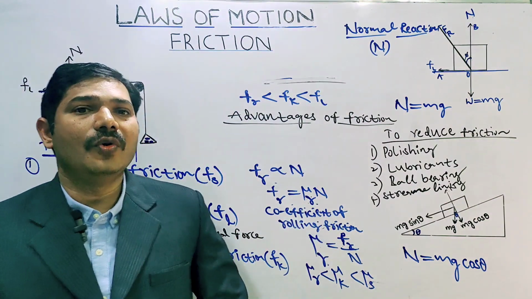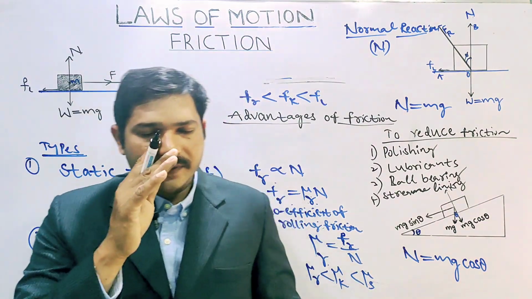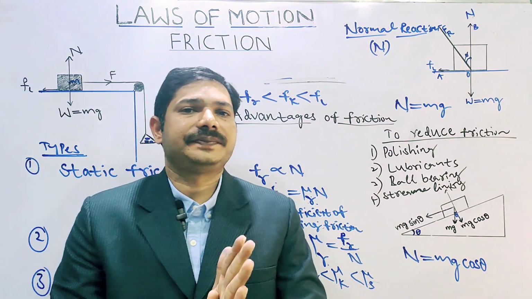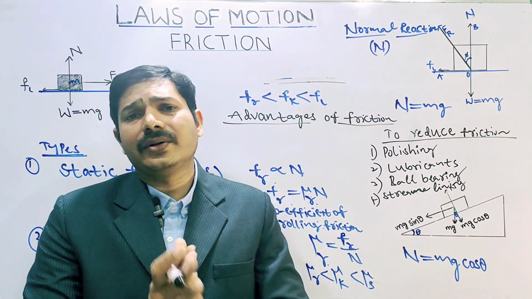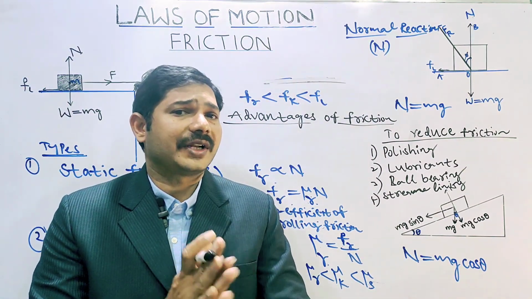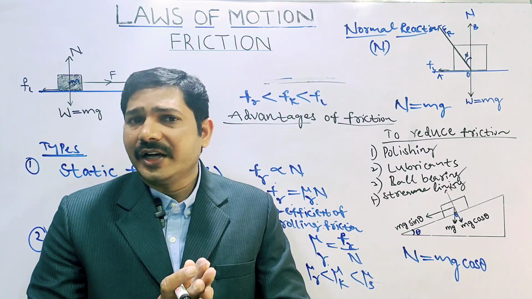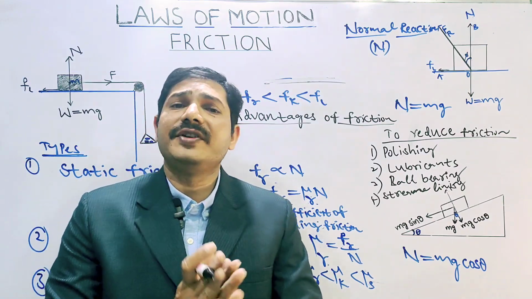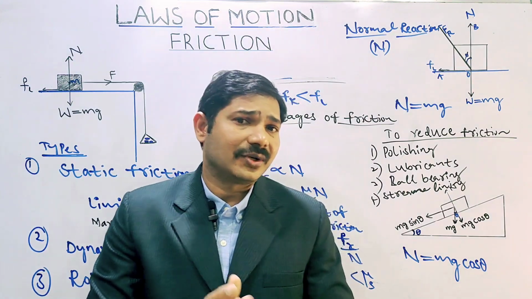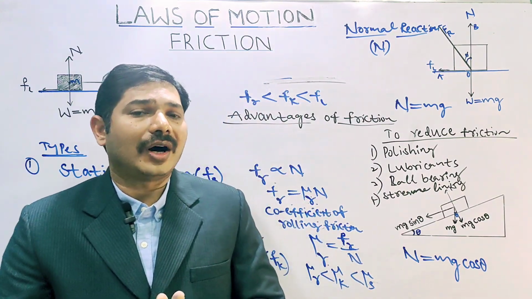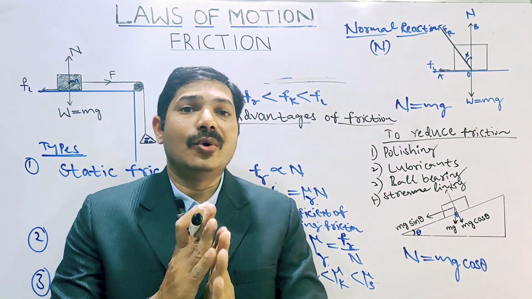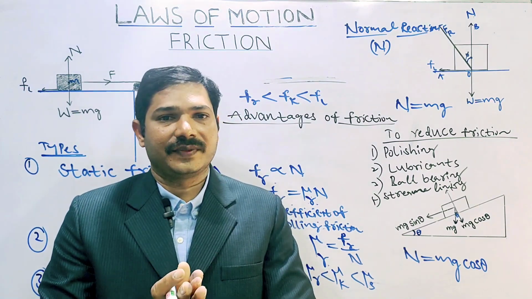And the next one, lubricants. Just now we discussed the machinery parts. When two machinery parts rub, heat is generated and the efficiency of the machinery parts also decreases. To avoid that, we have to apply lubricants between the parts.